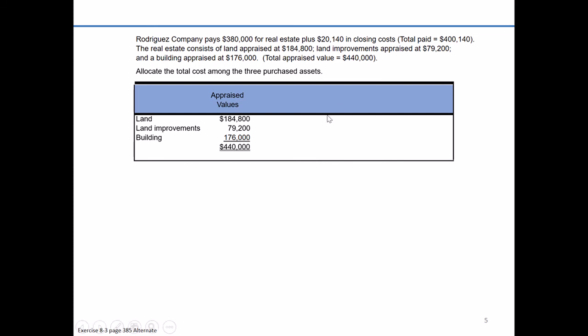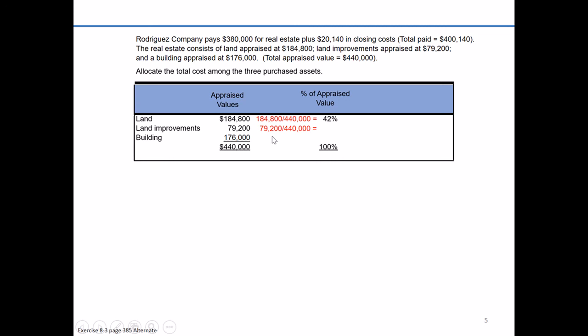$400,140. Again, I mentioned, how do we allocate that? It's according to the relative appraised value. So for land, how to come up with that percentage is take the land appraised value of $184,800 divided by the total appraised value of $440,000, which gives us a relative amount of 42%.